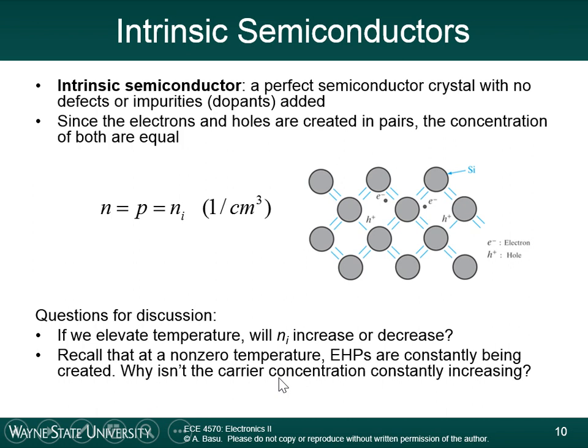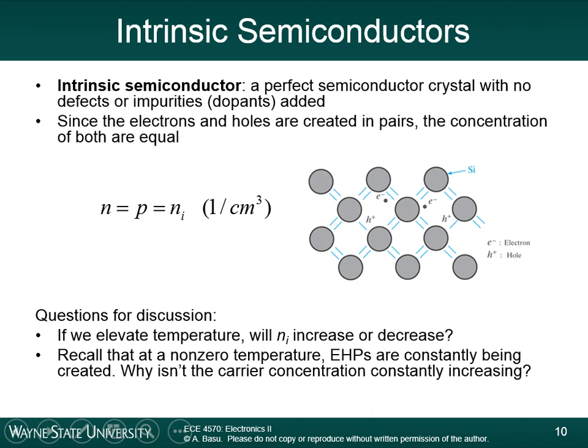Now, your initial thought might be, in perfect silicon, if there's no defects, if you're at room temperature, would you have electrons and holes? And the answer is, as we said before, you don't have any electrons or holes if you're at absolute 0. But if you have enough temperature, even at room temperature, there's enough energy for an electron to break away from this covalent bond.